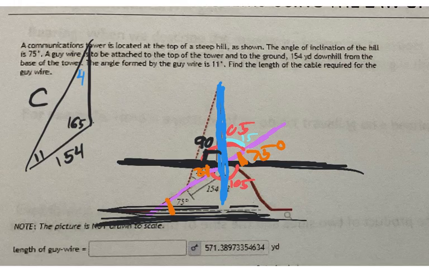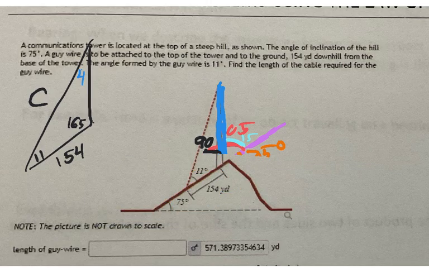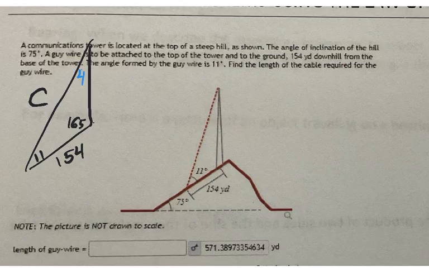I'm going to erase my garbage in the middle. But did you see where I got that from? When we work these problems going forward, do you see an easy way that you might figure out this angle? This is 165.